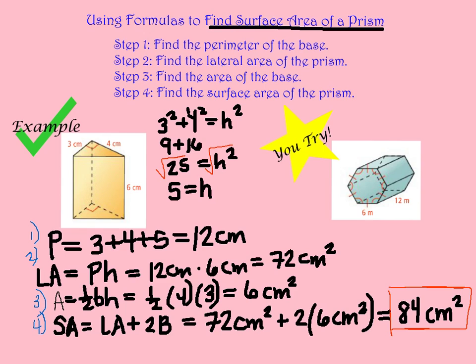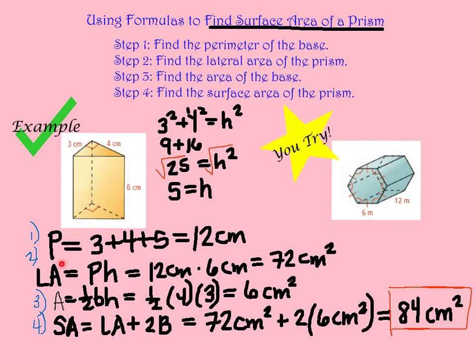Woo! All right, so all our steps, those were geared just so we could finally use the formula that we wanted to, which was our surface area formula, because that's the one we need. But you have to realize, in order to use your surface area formula, you need to find your lateral area. In order to use your lateral area formula, you need to find the perimeter of the base.